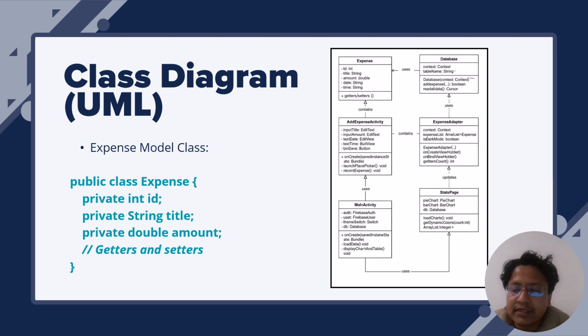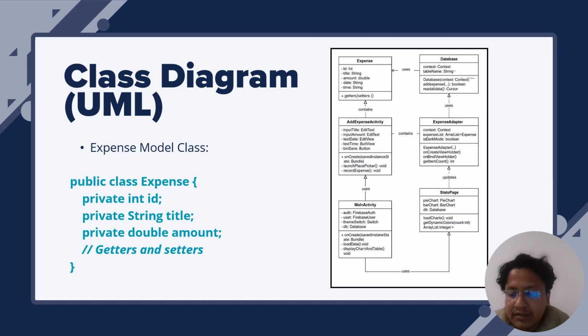Think of it as a digital ledger entry. For example, when you log a 50 pound grocery expense, the expense class packages this into an object with strict rules: amount cannot be negative, and title cannot be empty. This ensures data integrity from the start.